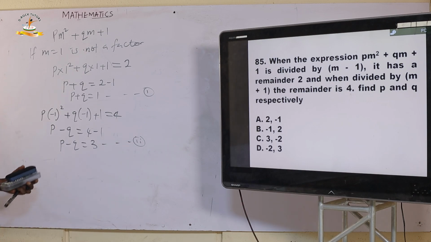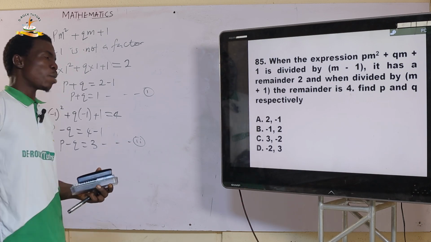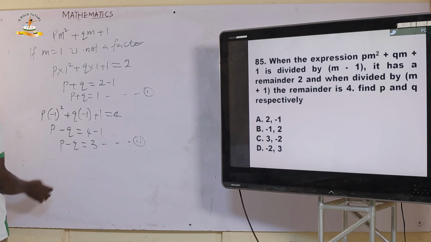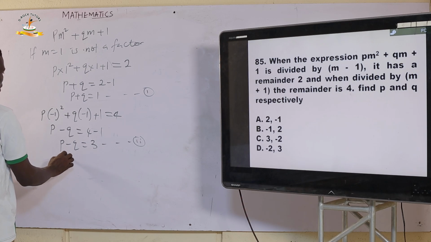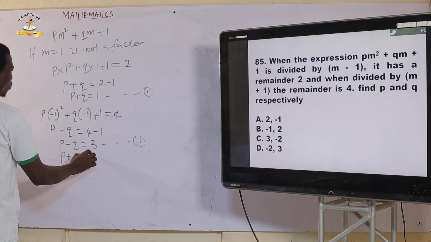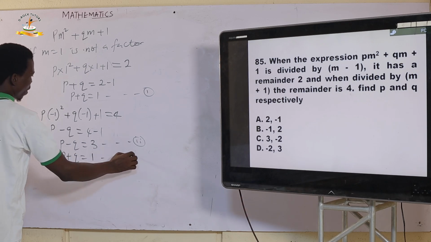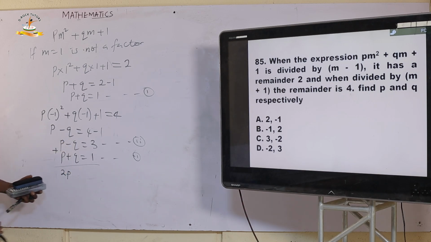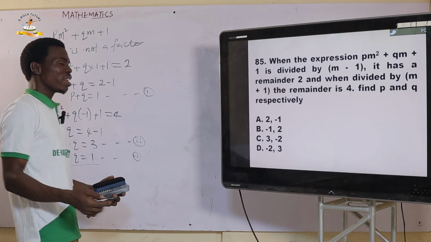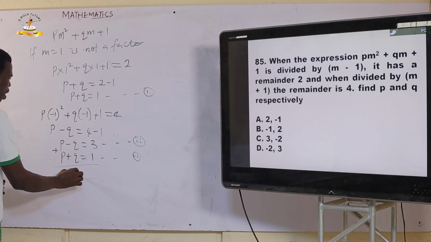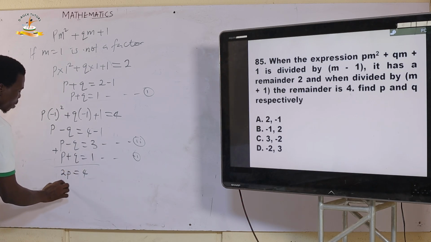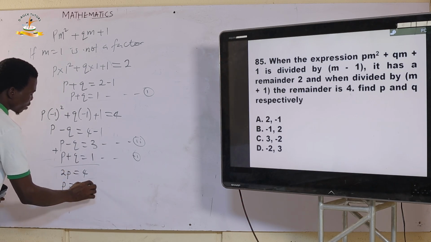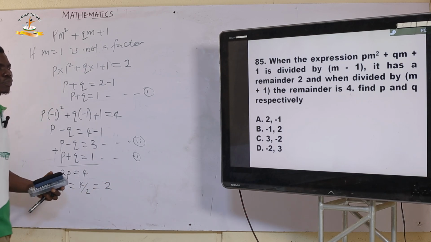So I'm going to solve equation 1 and 2 simultaneously. I bring equation 1 down: p plus q equals 1. I just add them up. p plus p becomes 2p, minus q and plus q cancel out, and we're going to have 4, and it means that my p equals 4 by 2, which is 2.